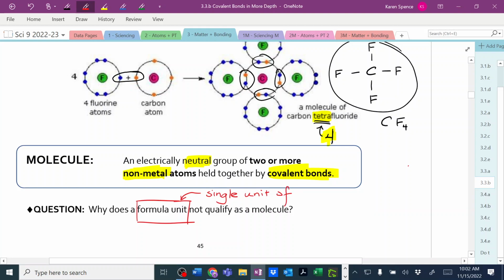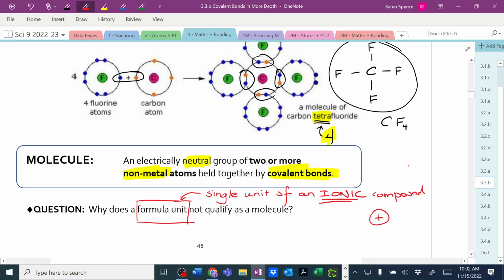So a formula unit, if you're having trouble finding it, which you might be, is a single unit of an ionic compound. So what would we draw for a formula unit? 1 negative and 1 positive.